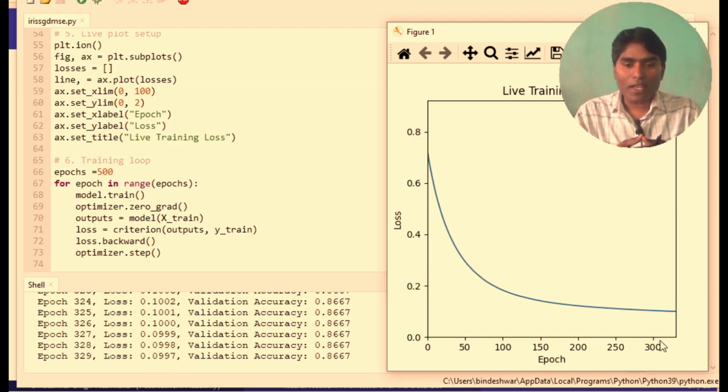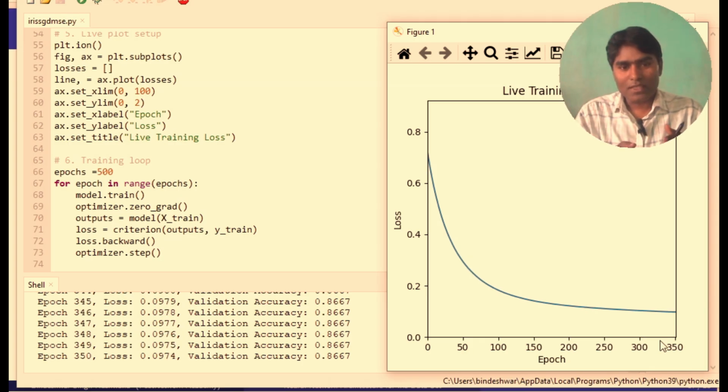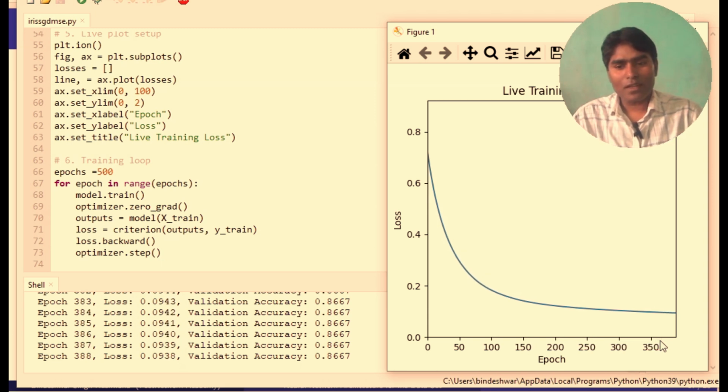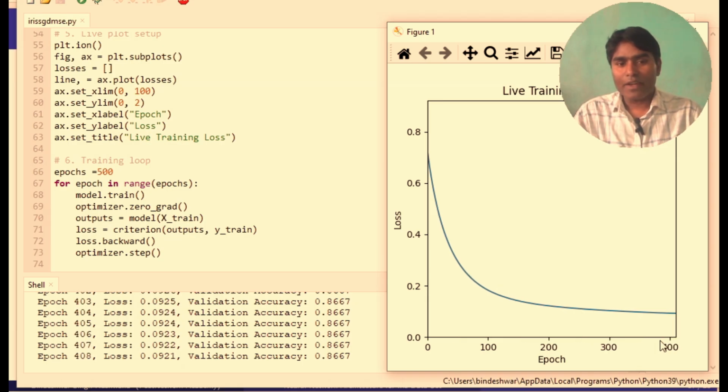So that nice property makes the loss function decrease because there is only one minima. It is a good thing to watch live training, and it will make your concept clear.